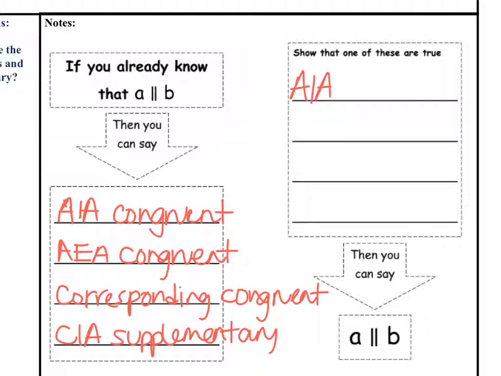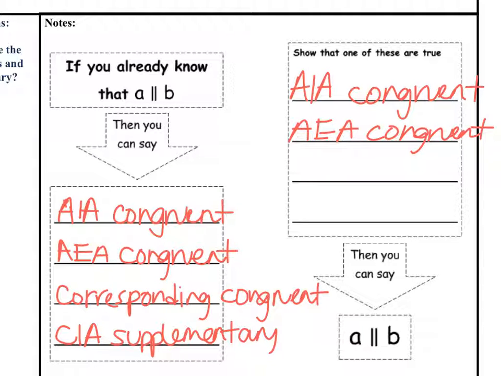So this is like, say you don't know for sure that they have parallel lines. It was not given to you. It did not state it in the proof. So you're going to have to show that that's true by showing one of these angle relationships. If you can show one of them, then you can say you have parallel lines. So if you can show that either alternate interior angles are congruent or alternate exterior is congruent, I'm writing the same ones as before.